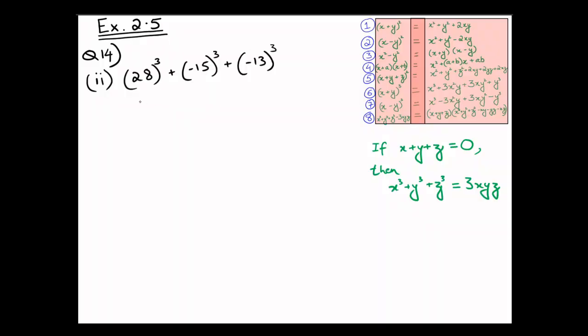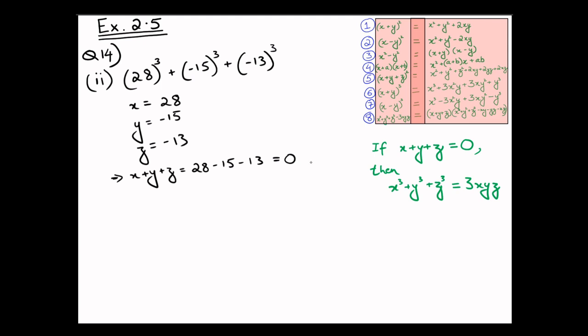And here again, I'll draw parallels with what we have over here. In this case, my x is 28, y is minus 15, and z is minus 13, which means x plus y plus z is 28 minus 15 minus 13, which is again 0. And we know that if this is equal to 0, the sum of the cubes of the numbers is equal to 3 into x into y into z.